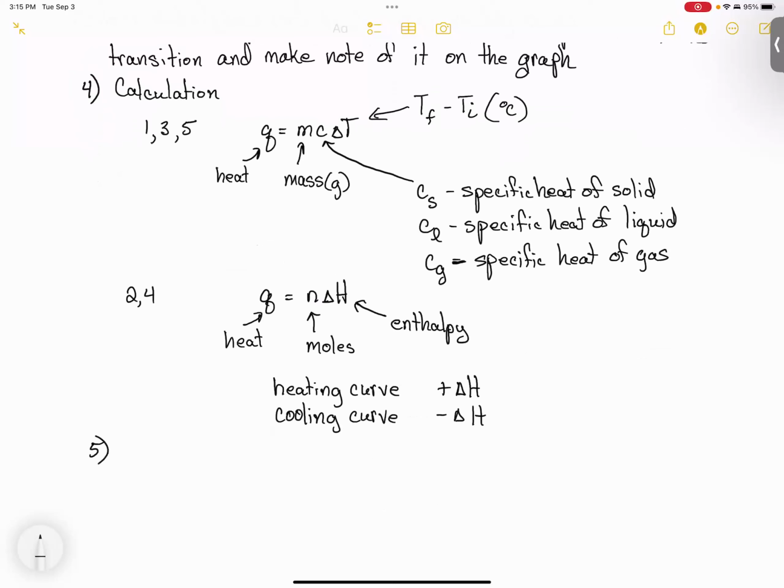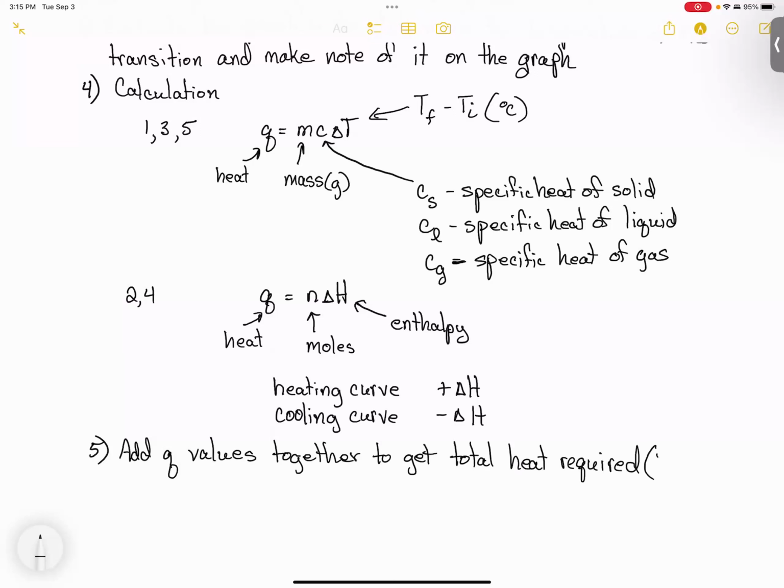Step 5 is typically to add up the Q values together, to get the total heat required, or released.